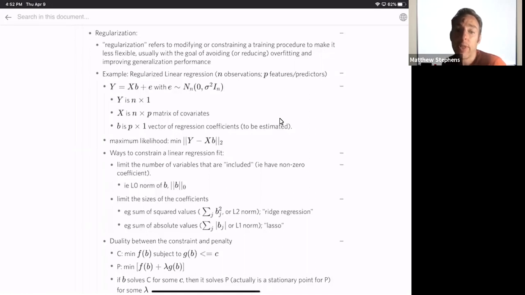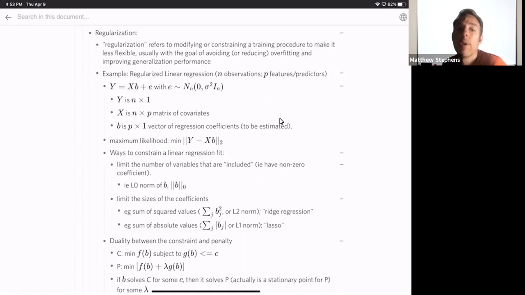And in fact, that's called the L0 constraint. The L0 norm of a vector is just the number of non-zero elements in the vector.